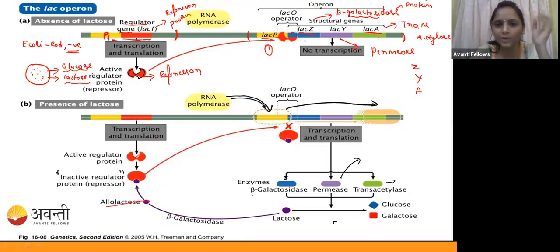For example, whenever your mother prepares your very favorite food, first you eat your favorite food, right? Then only you eat the other food prepared by your mom. The same thing happens here. The bacteria's favorite food is glucose, so it finishes glucose first. Whenever the glucose is not there, then only it sees that lactose is present and it has to eat this. Now it is going to utilize the lactose.